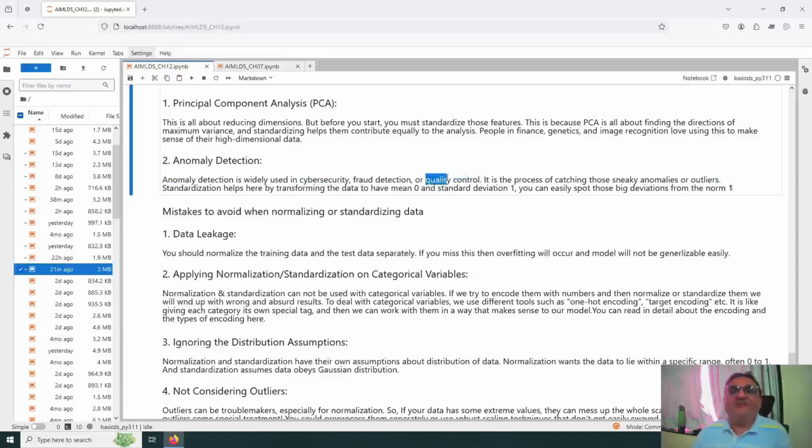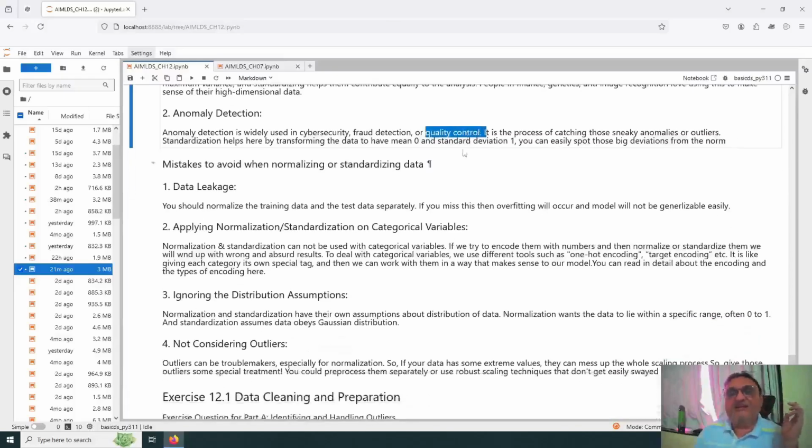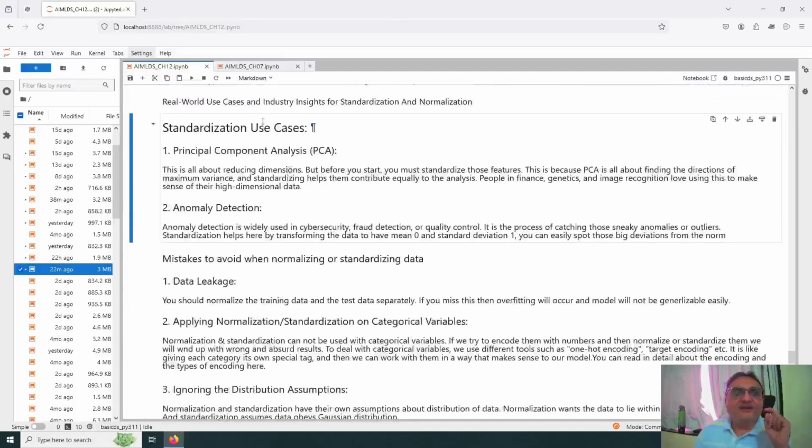At that time, even an error of 1 in 10,000 machine parts is considered unacceptable. So maybe 1 in 10 lakh machine parts. So all those machine parts are passed through X-rays, and their X-ray images are analyzed one by one using a computer vision algorithm. That is also an important branch of machine learning, right? So if an anomaly or a minor crack develops in only one single part out of 10,000, that also must be detected. Such anomaly detection is done using standardized features; first all features must be standardized.